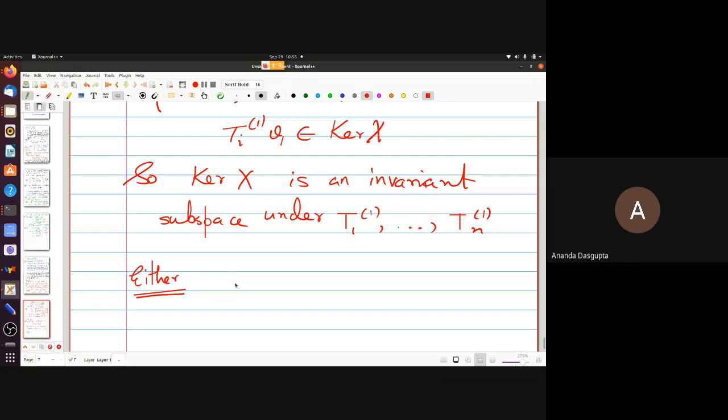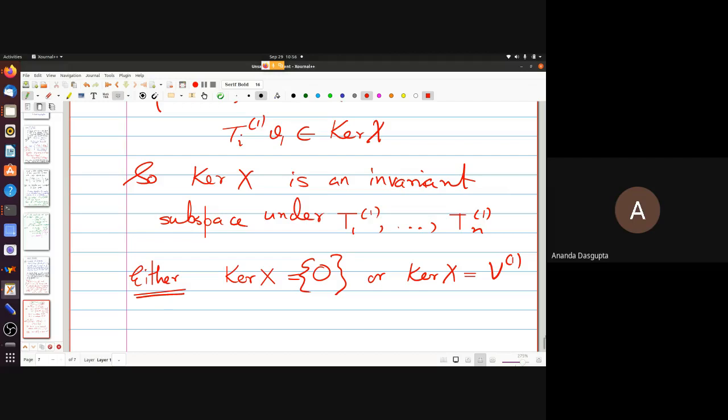A subspace which is invariant under the action of every one of an irreducible set of operators has only two choices. The only ones possible are the trivial subspaces. So either Ker X is 0, that is a singleton set with only the null vector, or Ker X is V1, right?